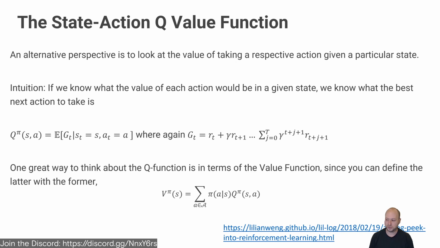It's very similar to the value function, except we make a slight adjustment here. The Q function says, I want to know the value of taking a particular action given a particular state. I might have misrepresented this on the slide.